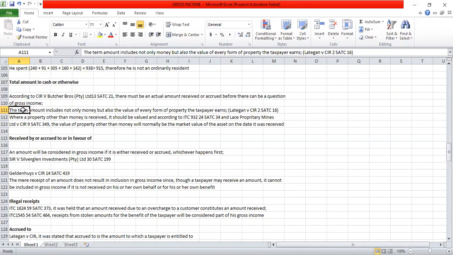So I can go and do work for you, then you give me a laptop or a car. We have to value that car. That's the total amount. So my total amount will be in the form of that car. That's also supported by Lace Proprietary Mines: when you receive an item which is not money, it should be valued.